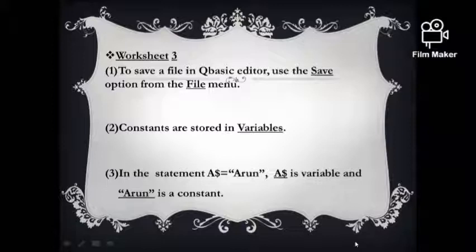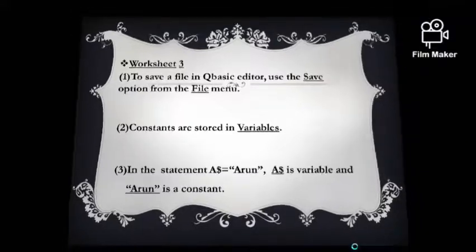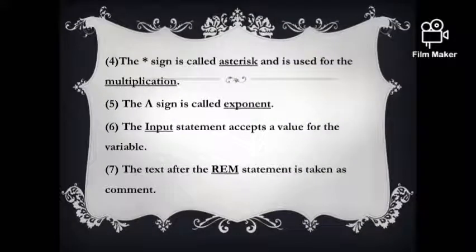In the statement a dollar equal to Arun, a dollar is the variable and Arun is a constant. The asterisk sign is called asterisk and is used for multiplication, and the exponent sign is called exponent.